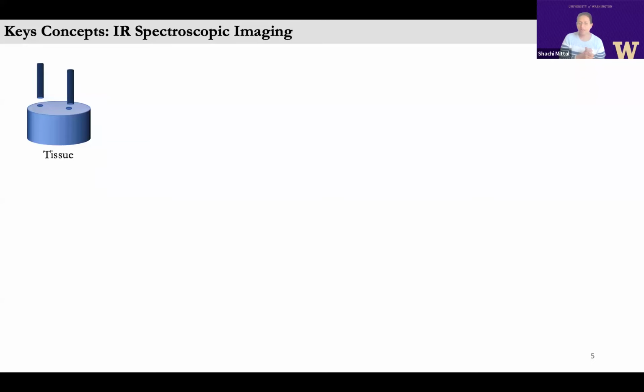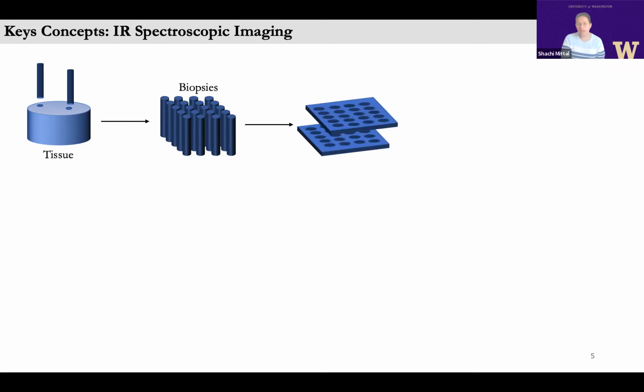The other concept that I'm going to be working with is IR spectroscopic imaging, which is called infrared imaging. So there what we do is we take tissue blocks from patients, put them in array format, because what that allows us is that each individual circle that you see here is coming from a different patient.